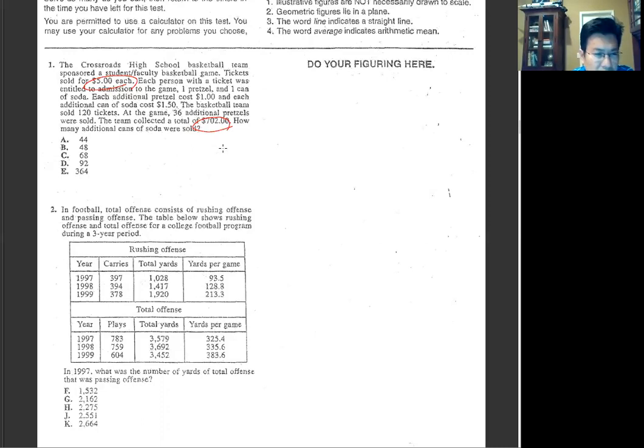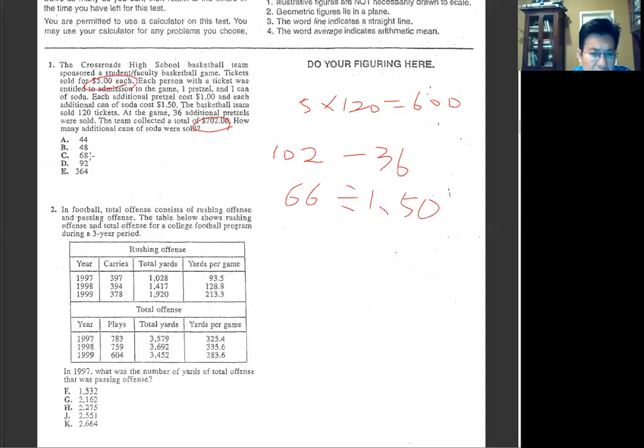So 120 tickets, 5 times 120 is 600. 702 minus this, we have 102 more. But then 36 more pretzels, so pretzel is $1, minus $36. Take it off, then $66 left. Then a can of soda is 1.5. If you divide by 1.5, then this can be 44.